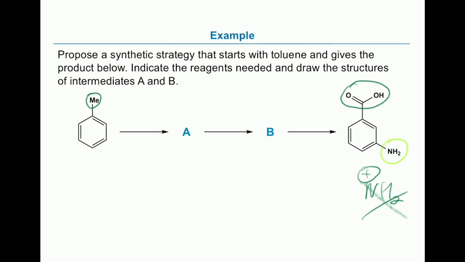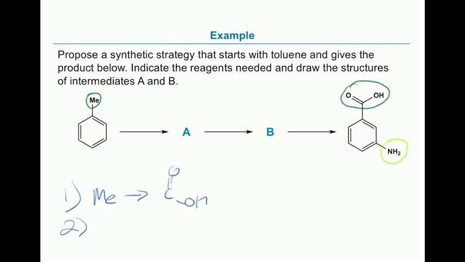In general, the order is going to be what we have to figure out. But if you think of the catalog of reactions we have to do, one, I need to turn a methyl into a carboxylic acid, right? That's something that has to happen somewhere. Two, I need to take a CH bond on my ring and turn it into probably a nitro. I need to introduce a nitro somewhere.